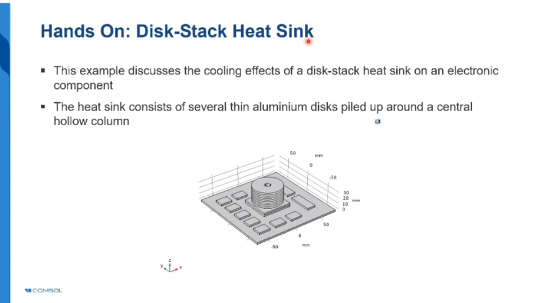Here the physics is pretty simple, and we are not going to build any physics, but I would like to discuss why we are working on this problem. This is a heat sink design to understand how you can increase the efficiency of the heat sink itself.